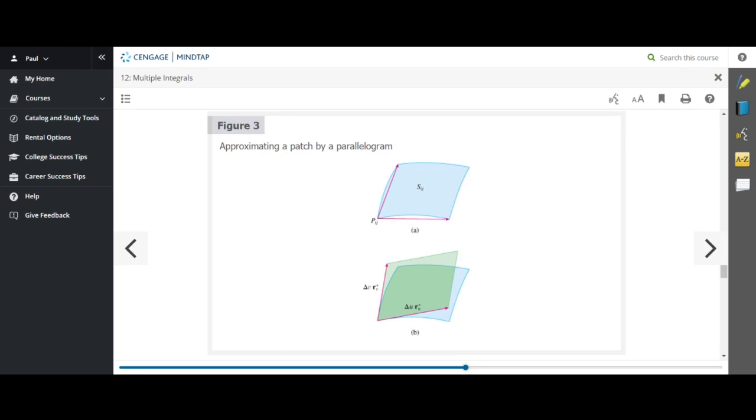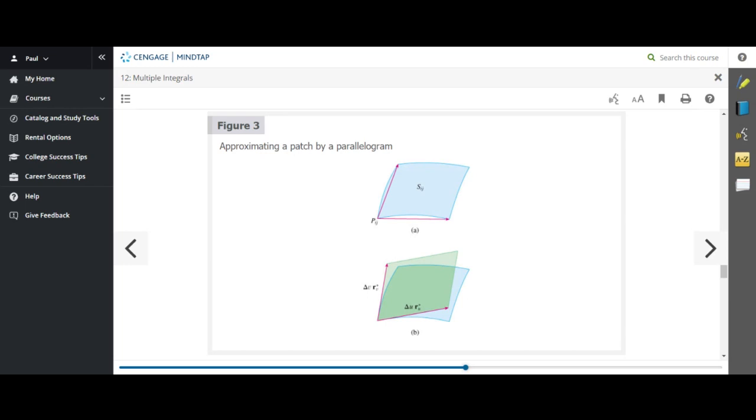So ideally, if you take smaller and smaller patches, you can approximate them with the area of the parallelogram formed by vectors delta U times derivative vector r sub u and delta V times derivative vector r sub v.